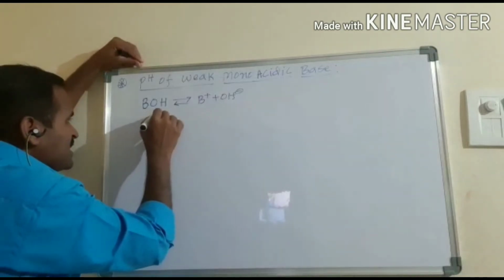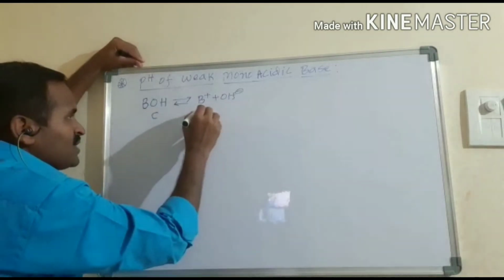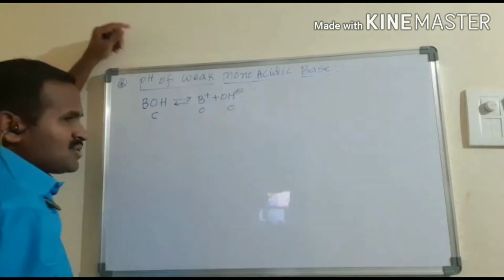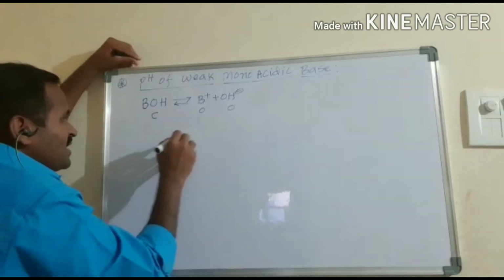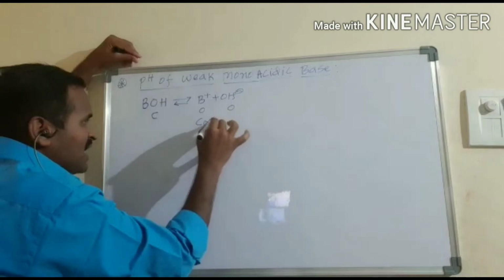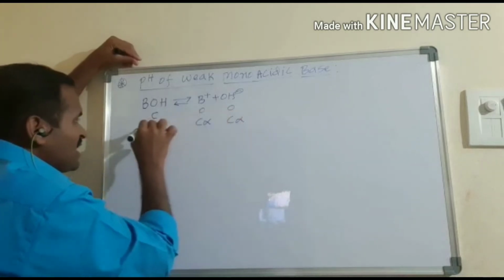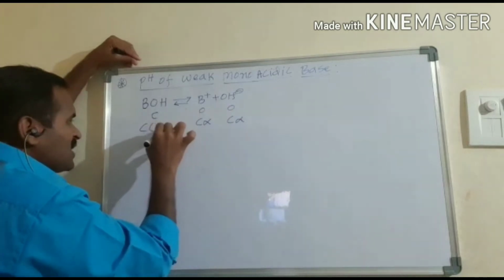The concentration of BOH is C, and B plus and OH minus are 0 initially. At equilibrium, B plus is C alpha, OH minus is also C alpha, and BOH is C into 1 minus alpha.